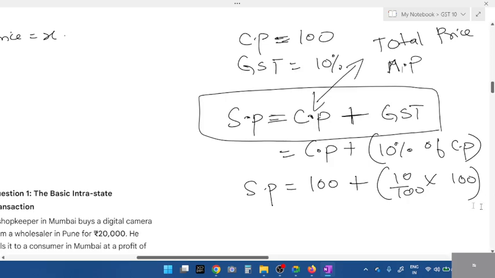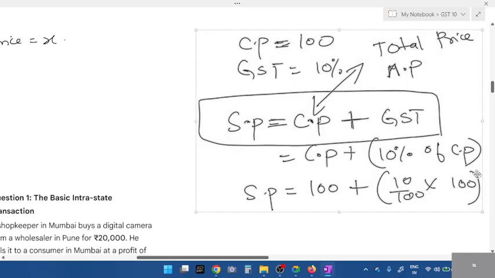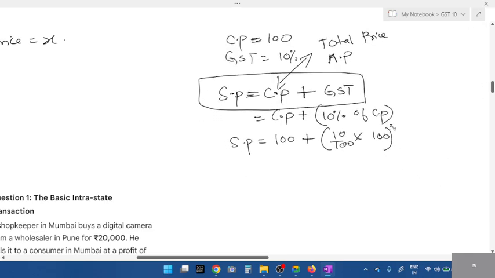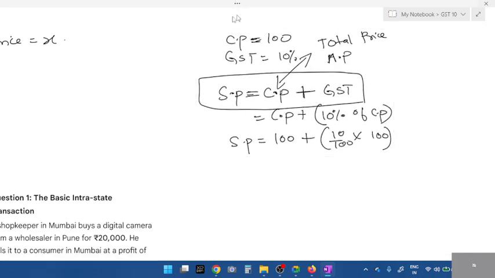Make a note of this formula. Don't calculate anything, just write this. We'll use the same formula on the left hand side.